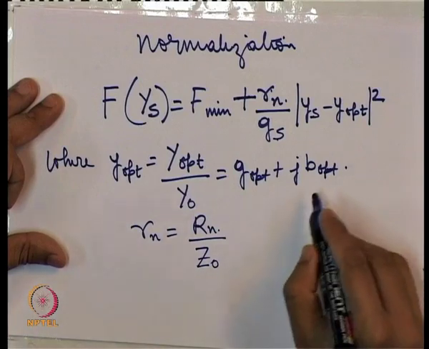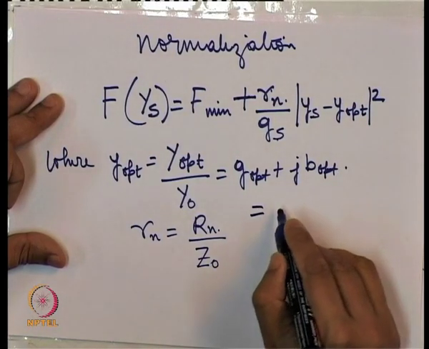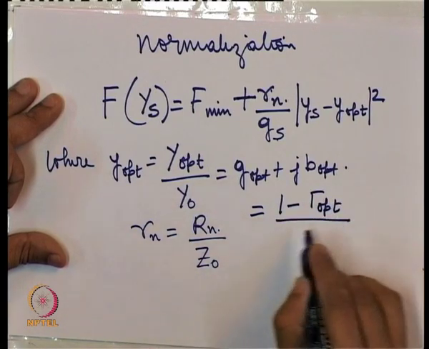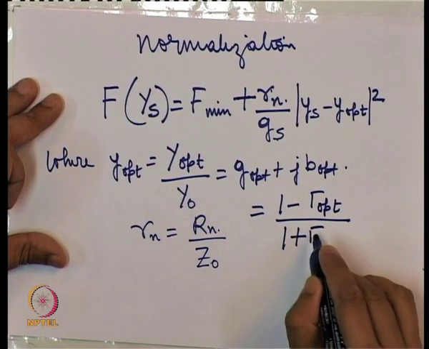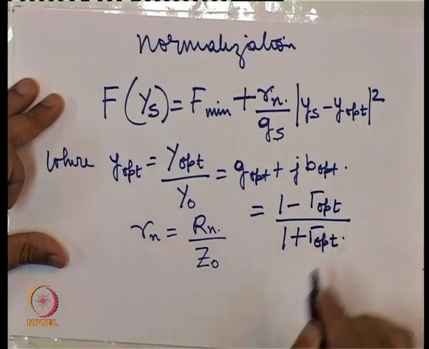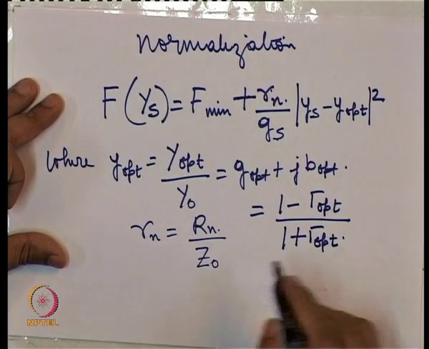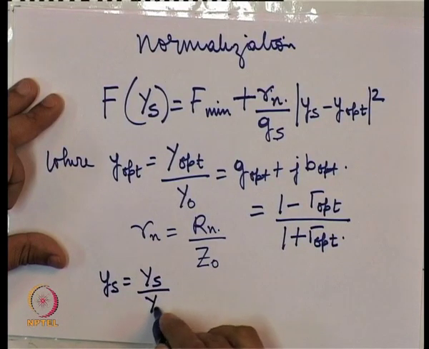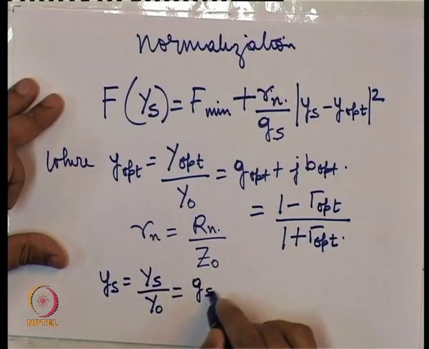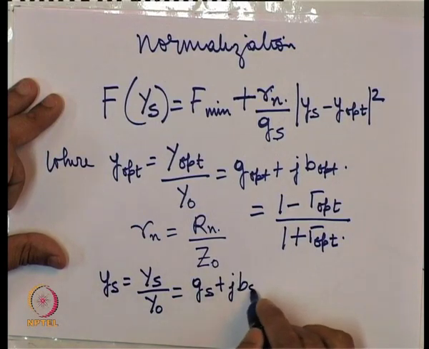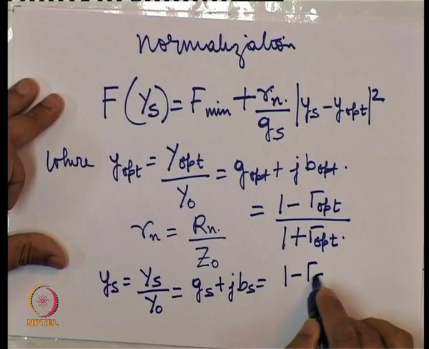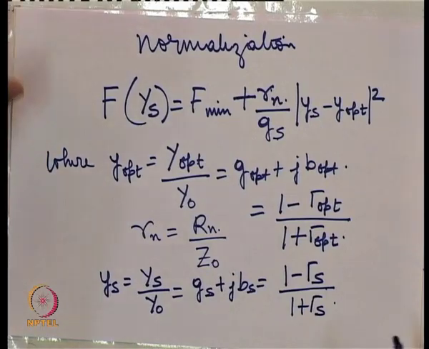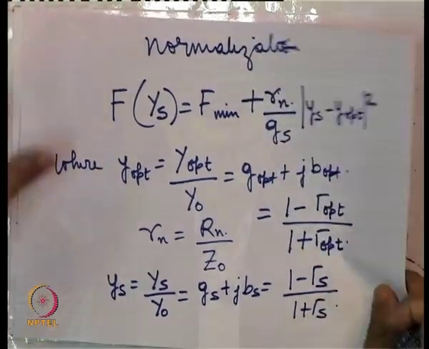Now this small y opt can also be written in terms of the reflection coefficient gamma opt like this. And small ys is equal to Ys upon Y0. Now, this noise figure F can be written as follows.